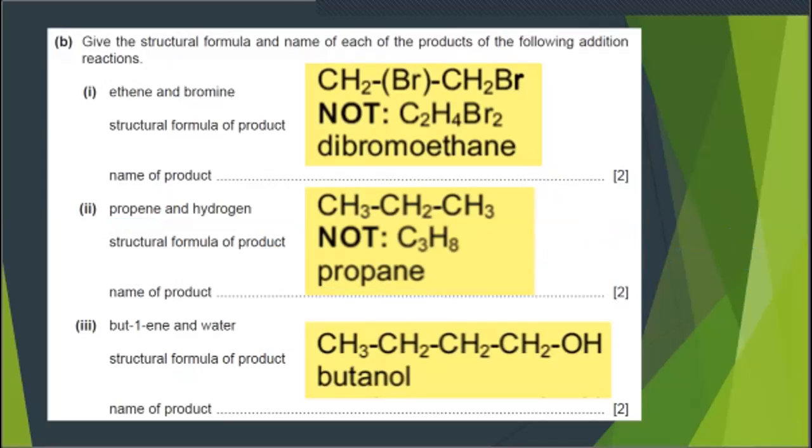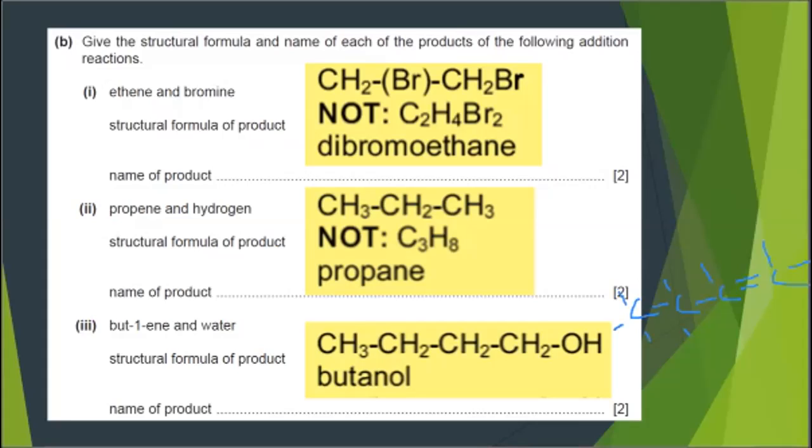The next part of the question, but-1-ene and water. So if I add water to an alkene, I am going to get the alcohol. Also, but, I have 4 carbons. So I have 1, 2, 3, 4. Right? Butene, meaning on the first carbon there's a double bond. And this double bond here is going to be broken.